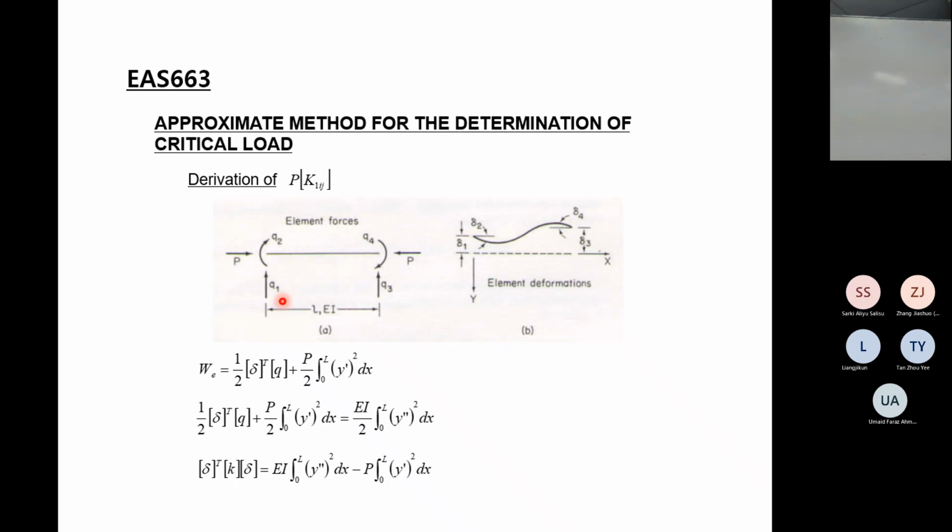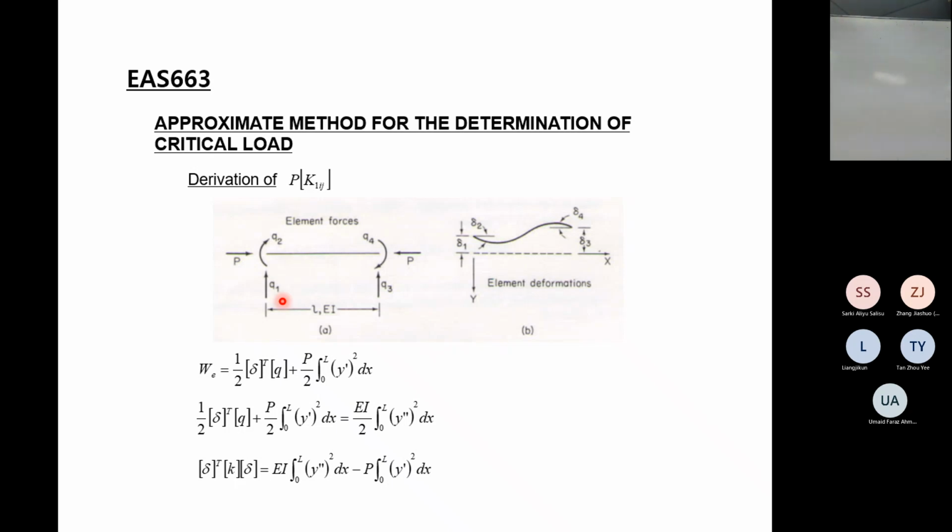Because you have bending and also axial force, the corresponding displacements will be delta 1 at this end and delta 3 at the other end, positive along the Y-axis that we assumed, and the rotations clockwise, delta 2 at this end and delta 4 at the other end.